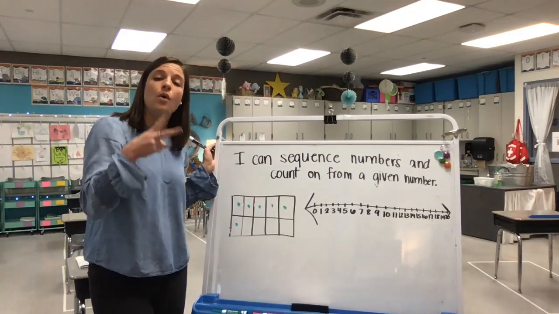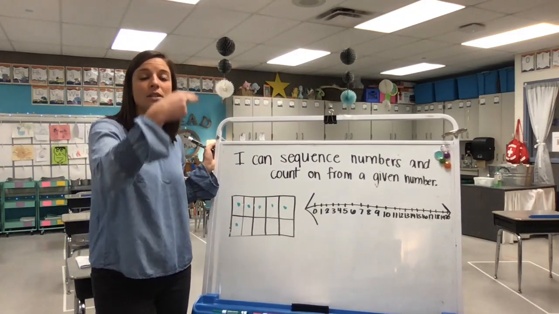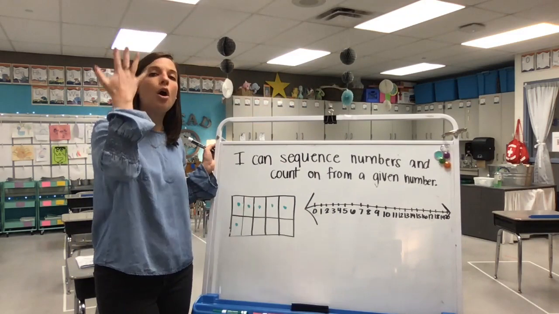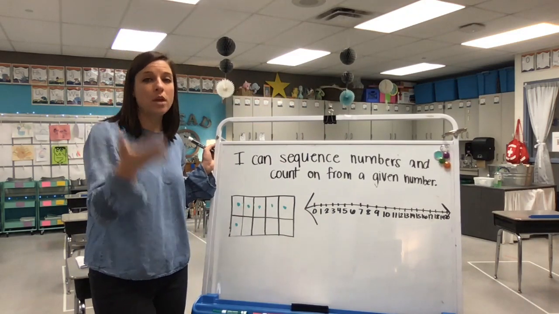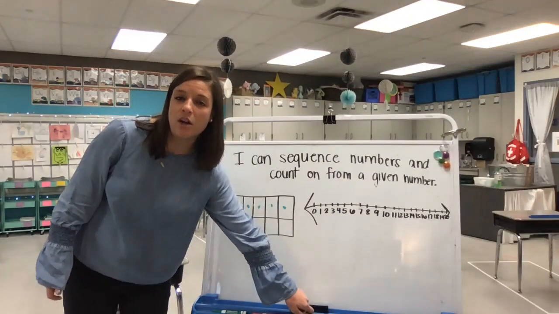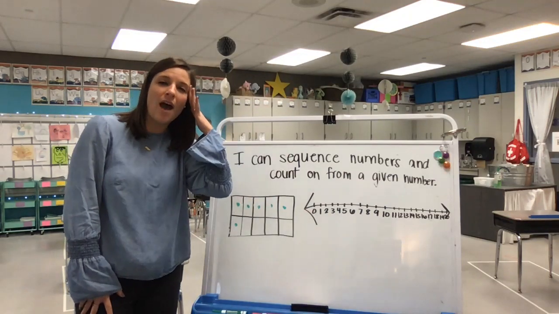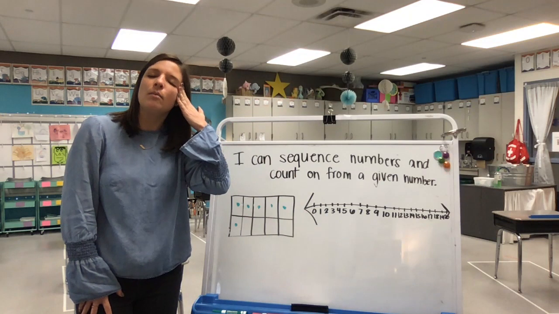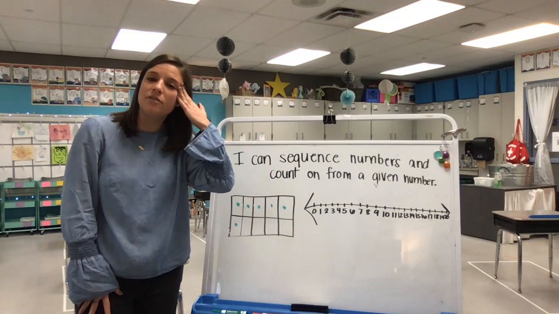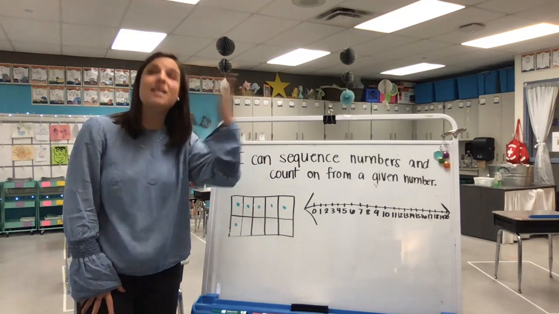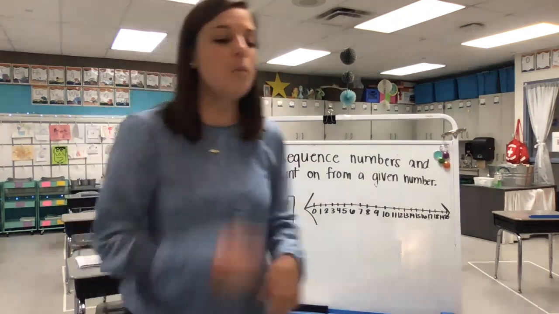And 2, it's important to know how to count on, not go all the way back to 1 or 0. We can use that as a strategy if we get stuck in our head and say, okay, Ms. Parton told me that I'm starting at number 5. Oh, but I forget what number comes after 5, so maybe in my head I have to go back to 1. 1, 2, 3, 4, 5, 6, 7, 8, 9, 10. So we'll practice that together.